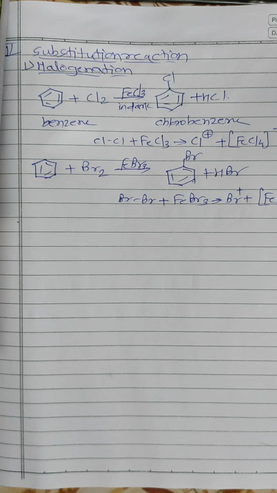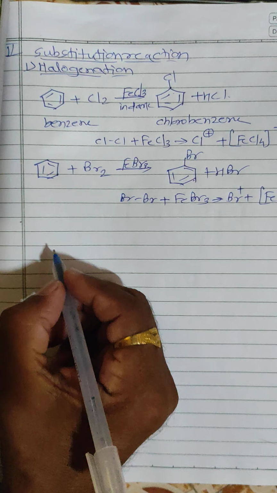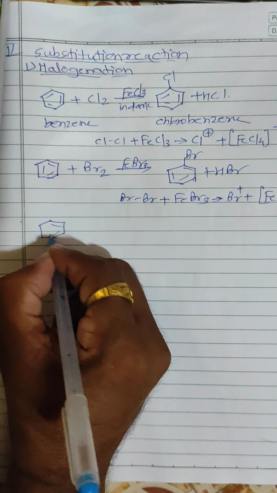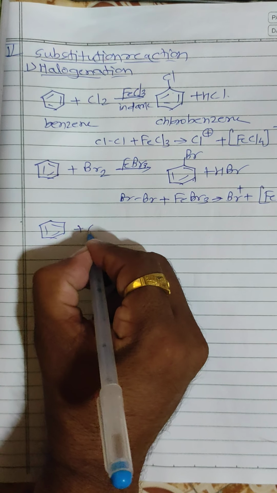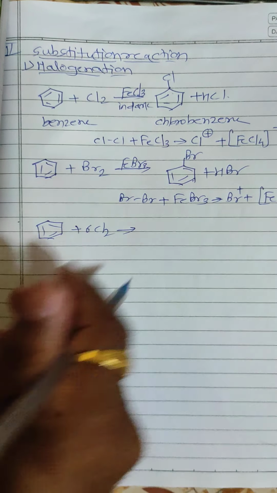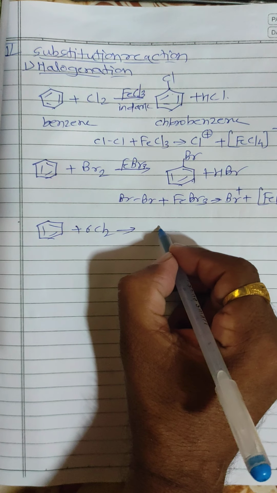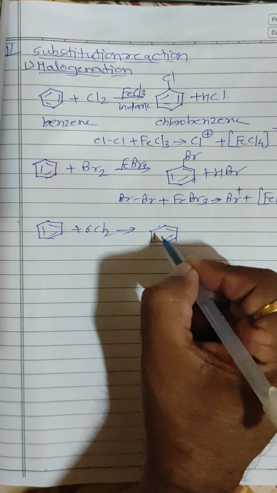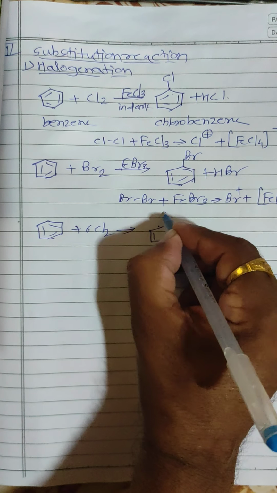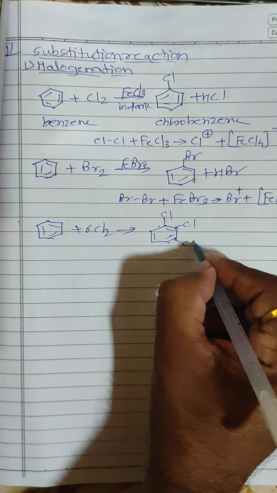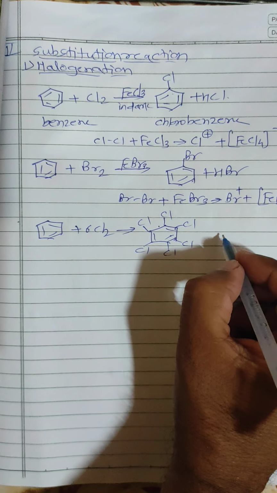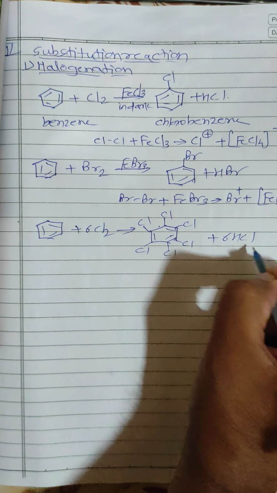Benzene is treated with 6Cl2 to form C6Cl6, with Cl on each carbon, plus 6HCl.